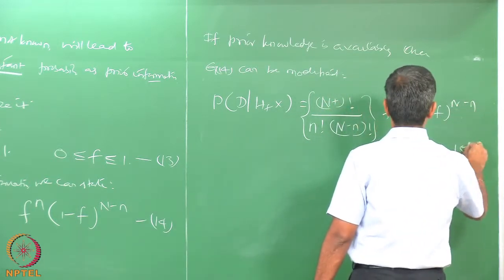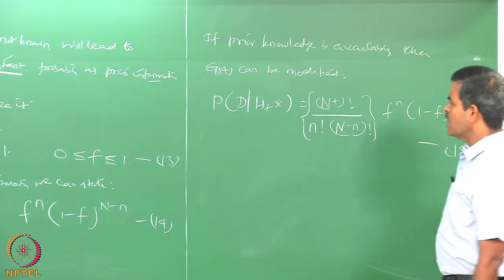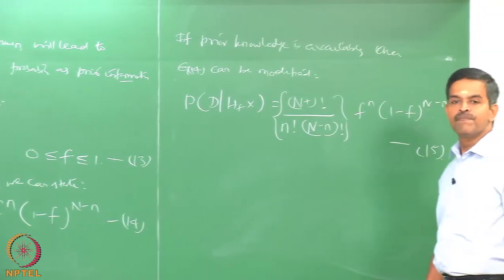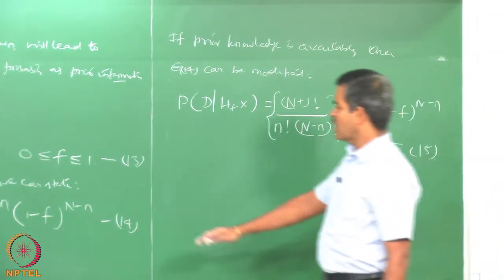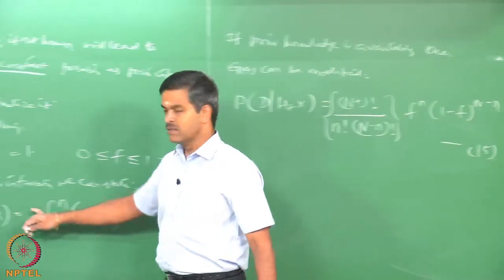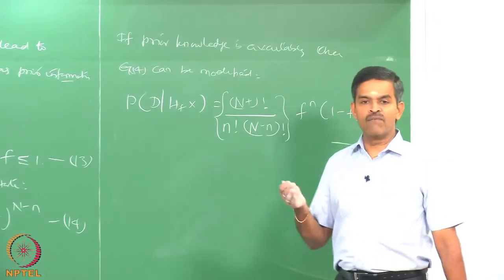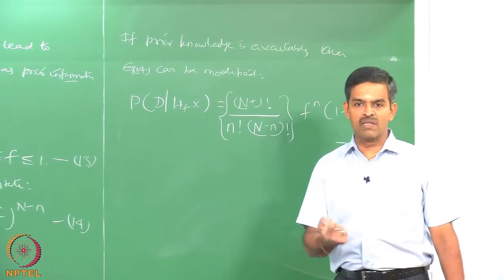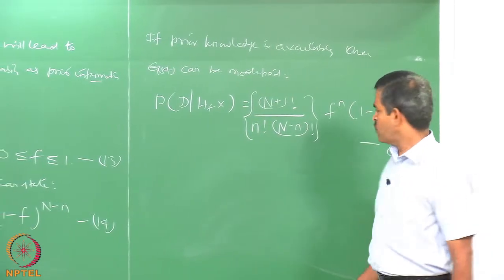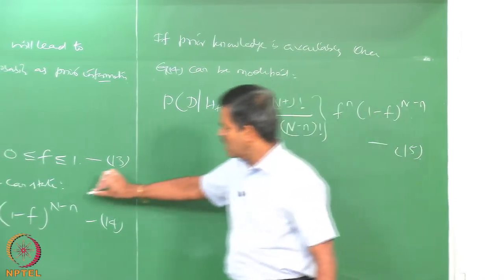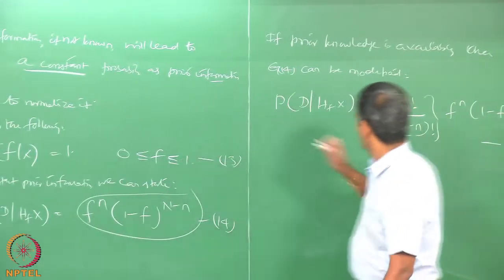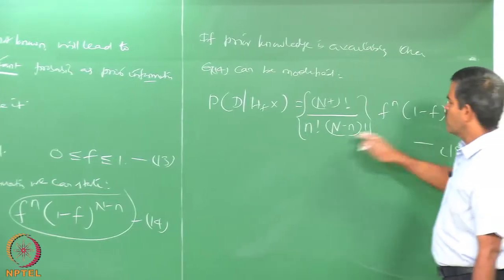Equation number 15. So, if you compare equation 14 and 15, 14 did not have any prior information, there was a constant. 15 had prior information because you tested N platforms earlier, out of which small n were the failures. Therefore, you modified the equation with the known information.